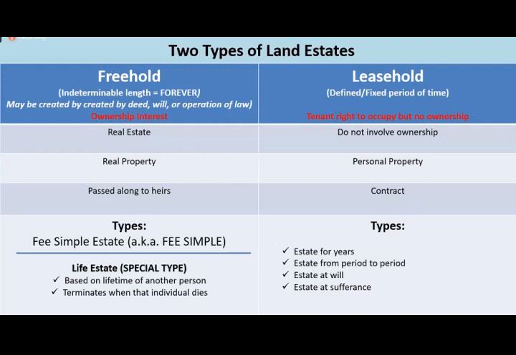And I'll say something to him like, so long as you are taking care of your son, you have ownership in the property. But the moment that you decide not to, I have a right of reversion where the property will come back to me. That would be an example of a fee simple determinable.